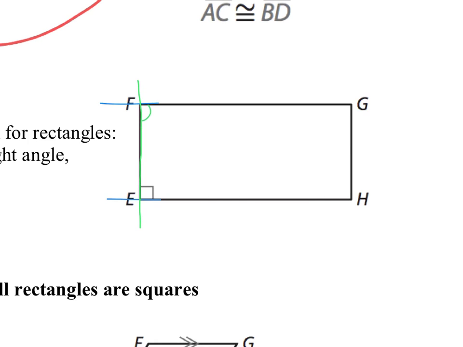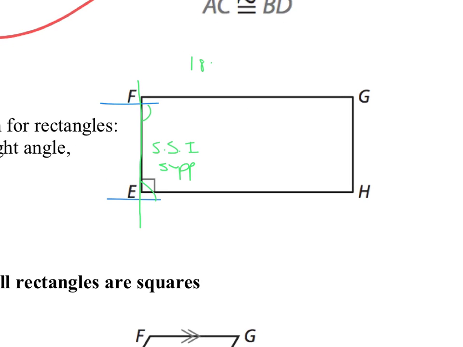So we have some same side interior angles, which we know are supplementary. So they have to add up to 180. Well, if one of them is 90, 180 minus 90 is 90, so that's going to be a 90-degree angle.